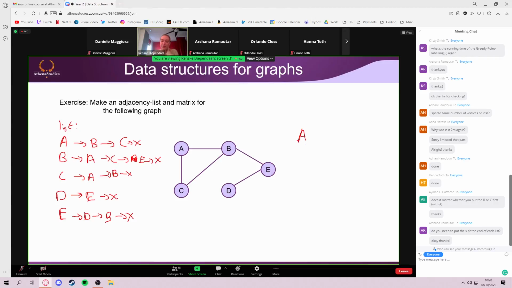And then we also have the matrix, so we do A, B, C, D, E, A, B, C, D, E, and we just check if they are neighbors.